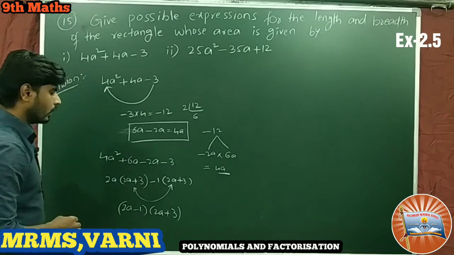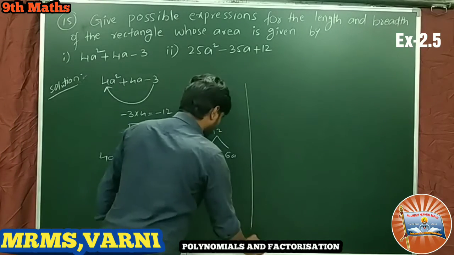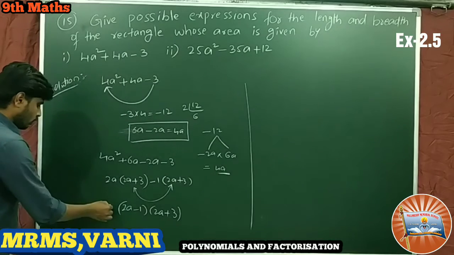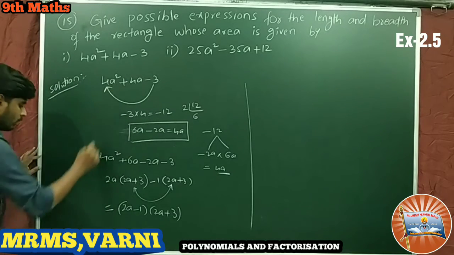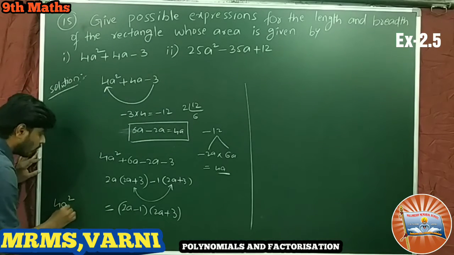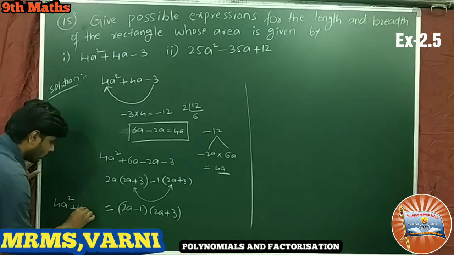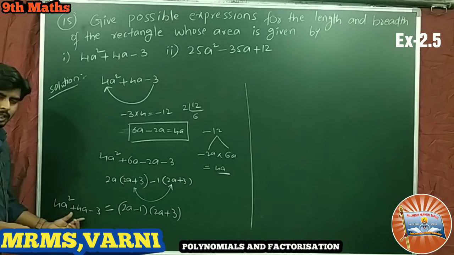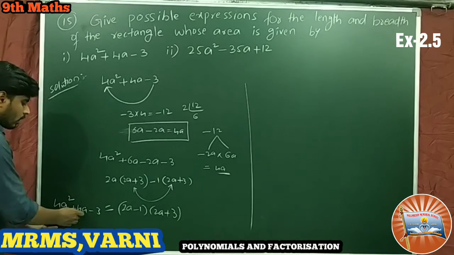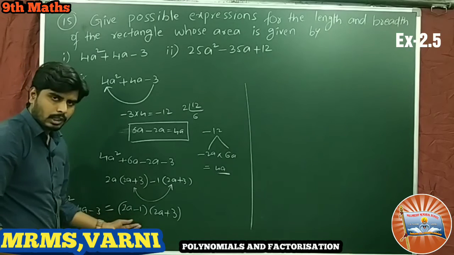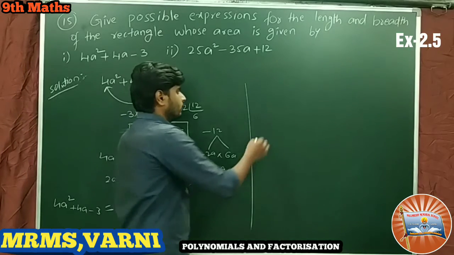So what can we conclude here? 4a square plus 4a minus 3 is the area. I have converted this into linear polynomials, nothing but L into B. What is the formula for area?